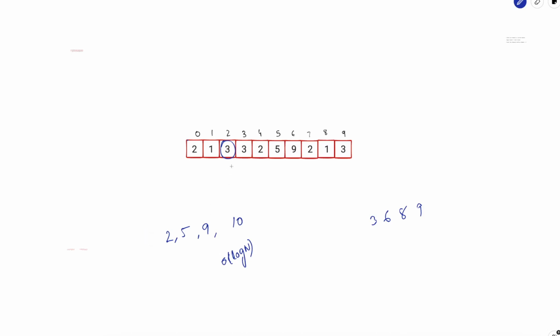So you are now inserting 3 into this array. For that you need to figure out the position of 3, which you can find using binary search, and you need to make sure the array is still sorted. So you need to insert 3 in its sorted position itself.